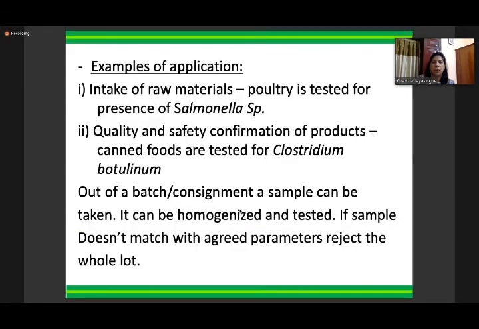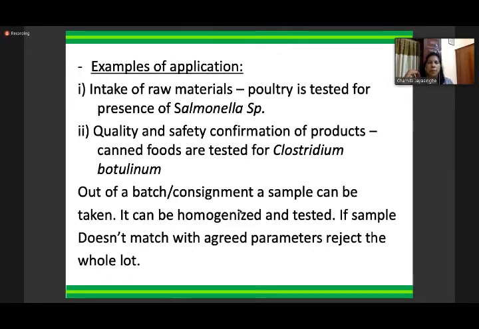So in other cases, what are the examples of application? Intake of raw material: poultry is tested for the presence of Salmonella species, right? So here, the chicken samples are coming from a company, let's say Bairaha.